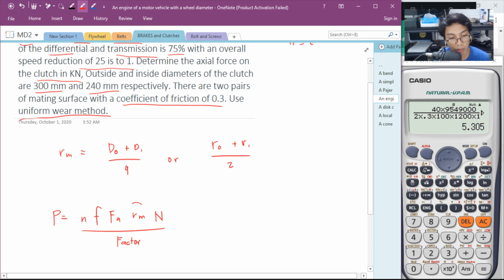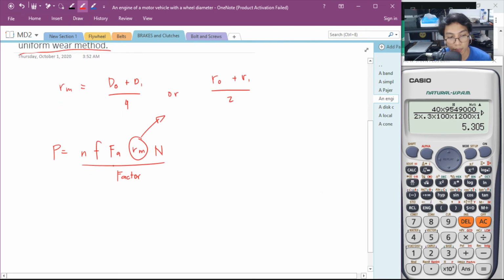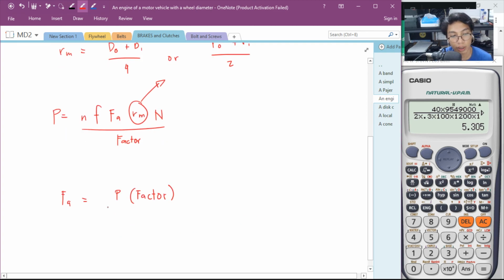Ito, bagong formula to. Ang hinahanap natin is FA. Formula natin, FA is equal to P multiplied to factor divided by N F RM, that is DO plus DI over 4 multiplied to N.